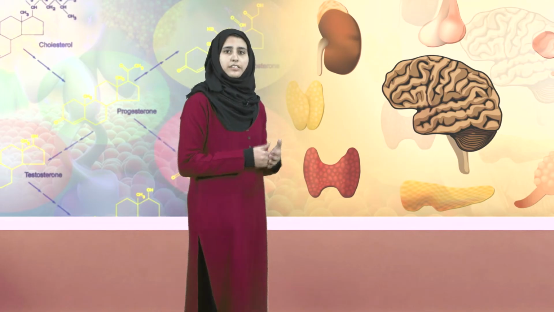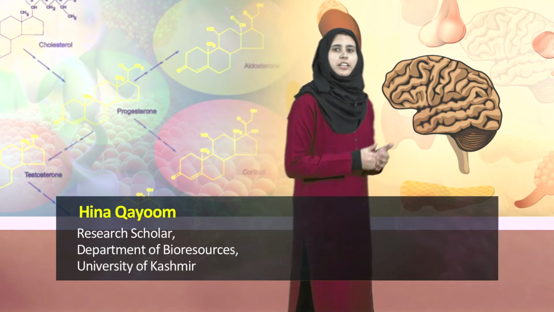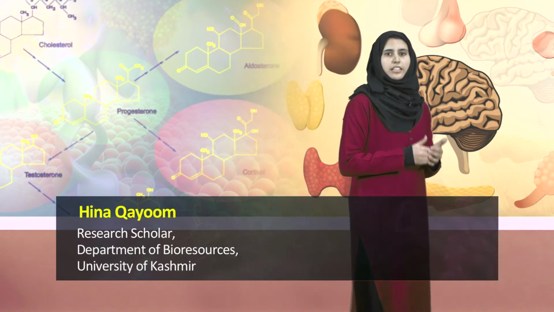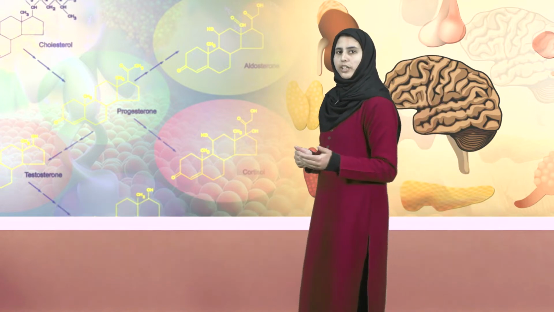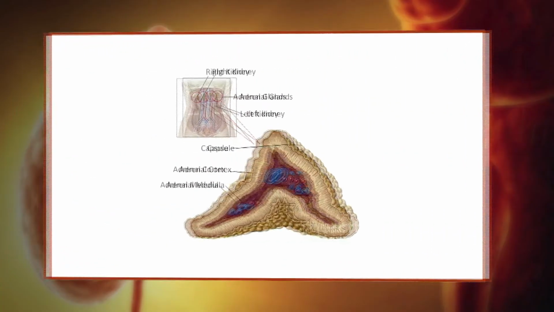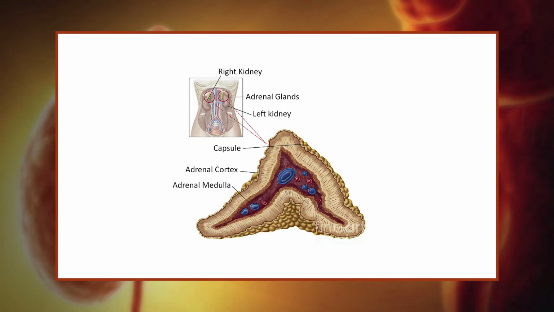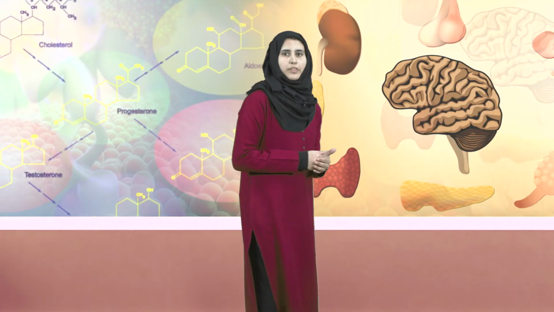As we know, there are two adrenal glands located one on each kidney. The adrenal gland on the right kidney is said to be the right adrenal gland, and similarly the one located on the left is said to be the left adrenal gland. The right adrenal gland is shaped like a pyramid and the left adrenal gland is crescent shaped and is the larger of the pair.